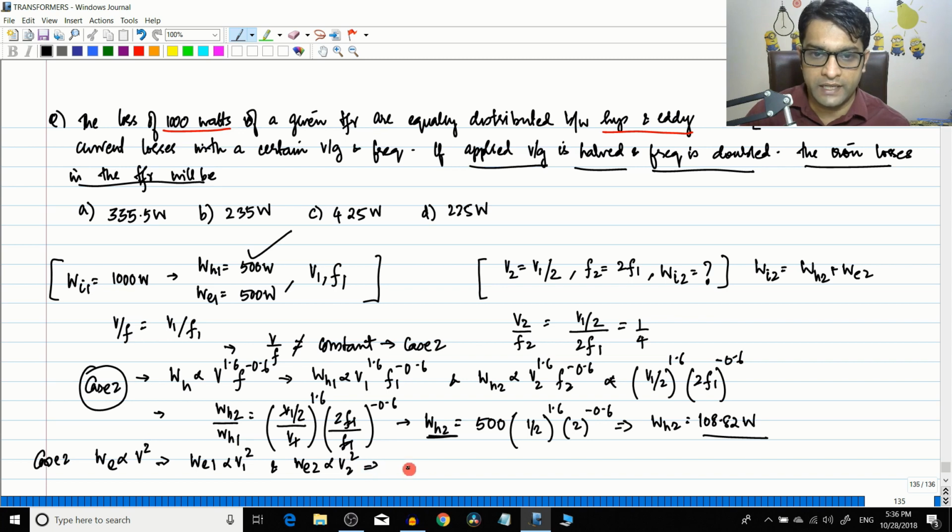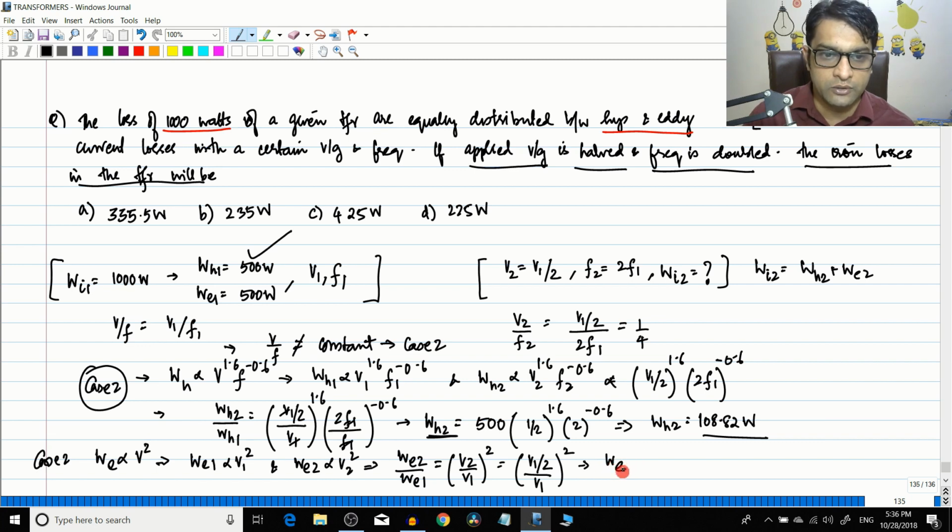So WE2 divided by WE1 will be equal to V2 by V1 the whole square, but V2 is V1 by 2. That means WE2 will be equal to WE1, which is 500 watts, given in the problem, into 1 by 2 the whole square. So this value will be equal to 125 watts.